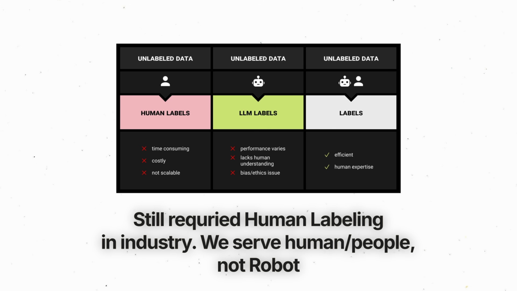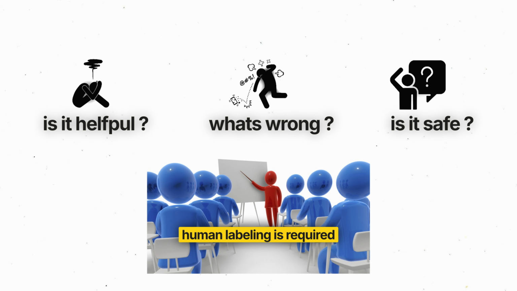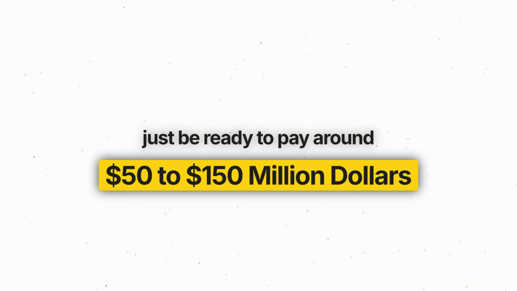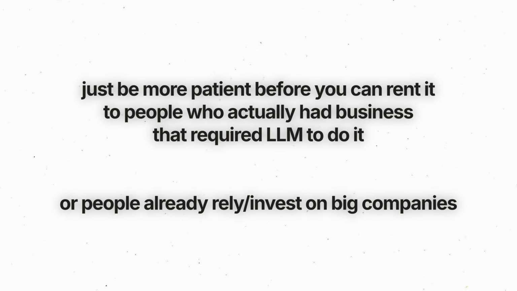Then you also need real people doing labeling and verification, because the model doesn't automatically know what's helpful, what's wrong, or what's unsafe. So now you're paying for the data, paying for the people, and then waiting months before the model is even usable, and it can cost you somewhere around 50 million to $150 million. That can take a month, sometimes even a full year before the model is ready for people to talk to.